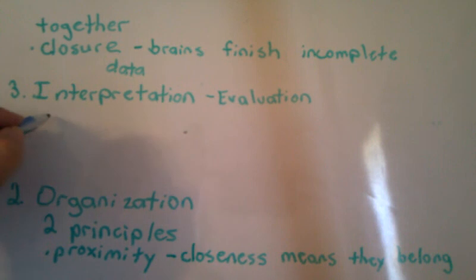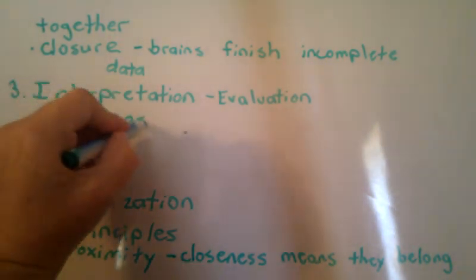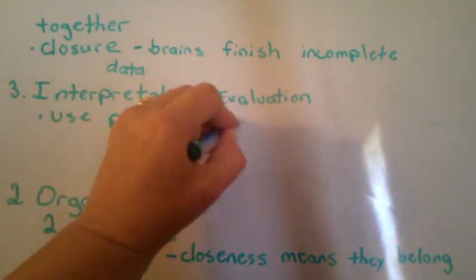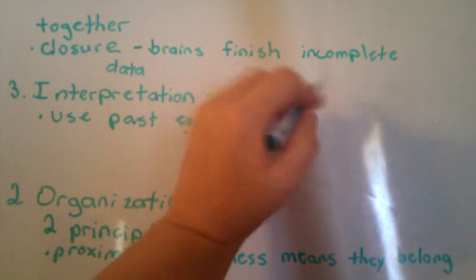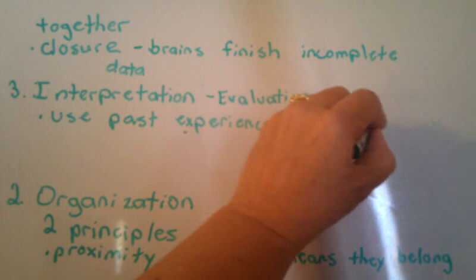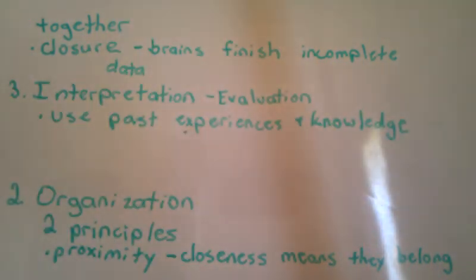I'm just going to put, we use past experiences and knowledge to help us interpret and evaluate the information. Because perception can be a subjective process, our views concerning the interpretation and evaluation of the stimulus may be different from others experiencing the stimulus with us.